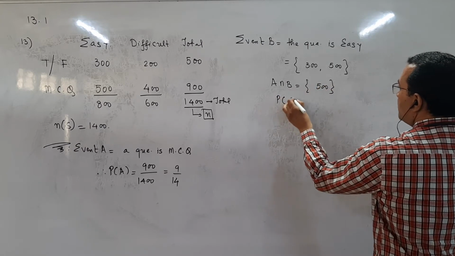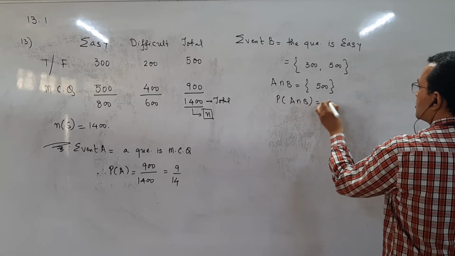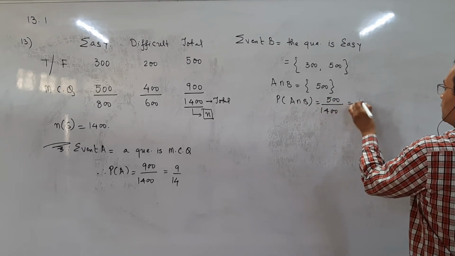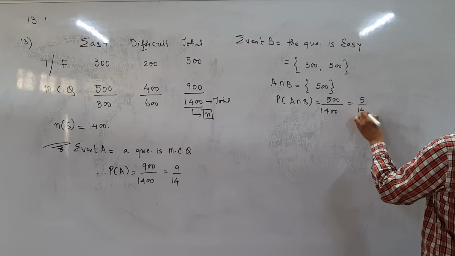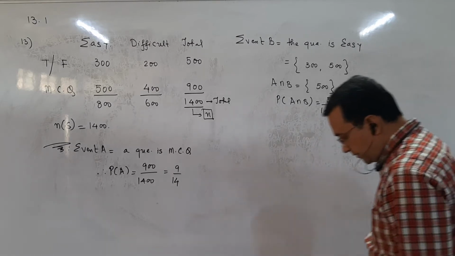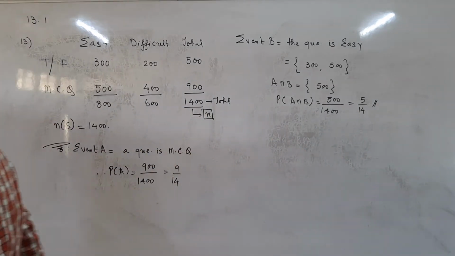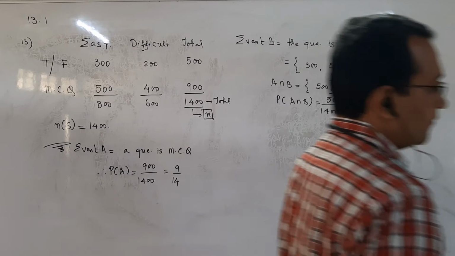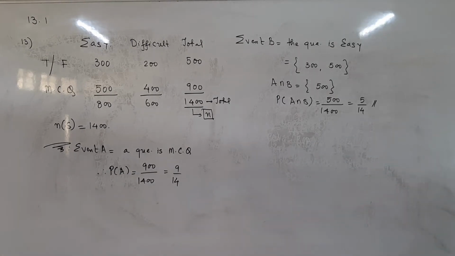So the probability of A intersection B will be 500 upon 1400, and that is nothing but 5 by 14. That, students, works out to be 5 by 14.